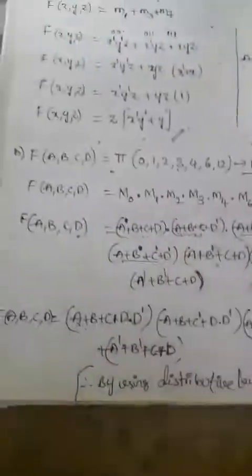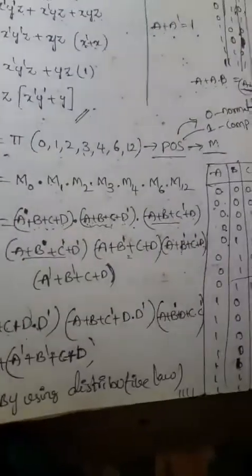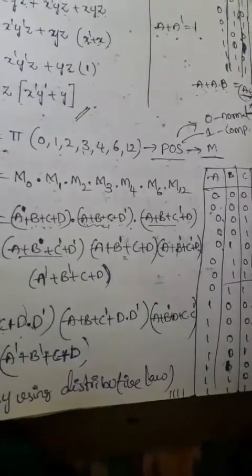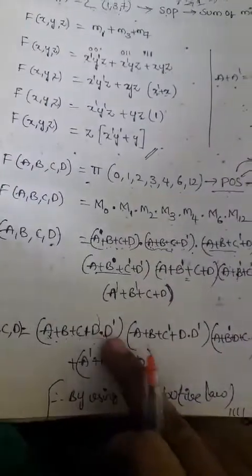Now again simplify this equation. F of a b c d is equal to, so what is the first function? A plus b plus c plus, here just check it, d into d complement.